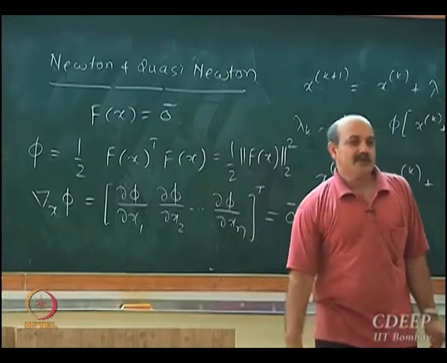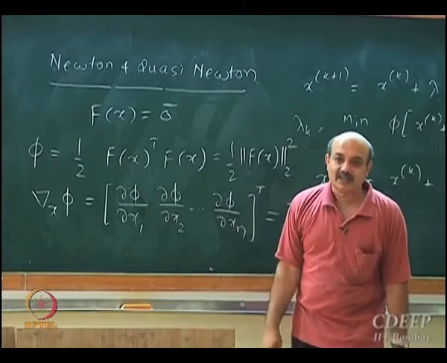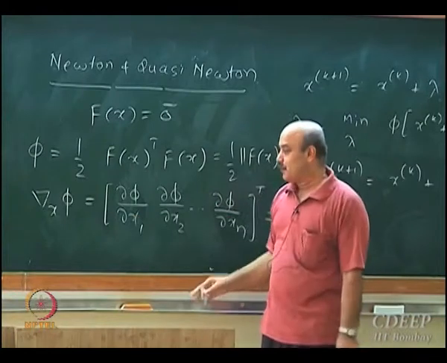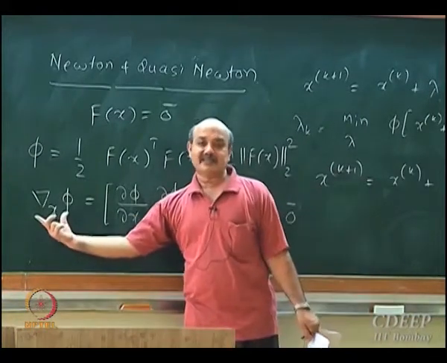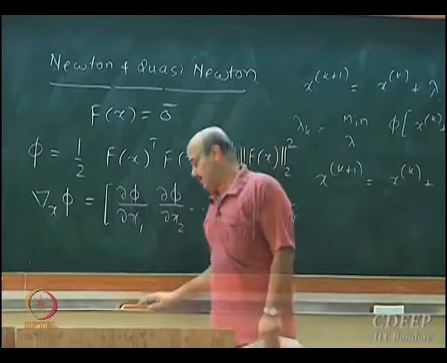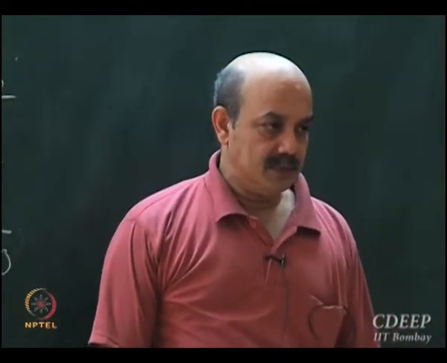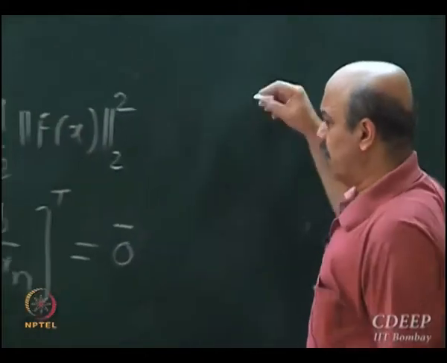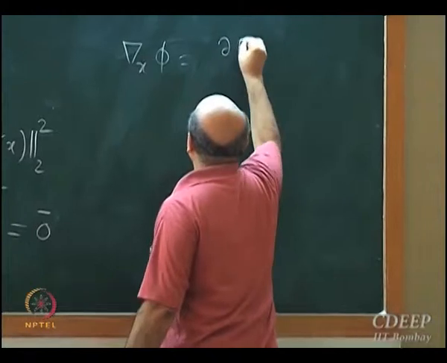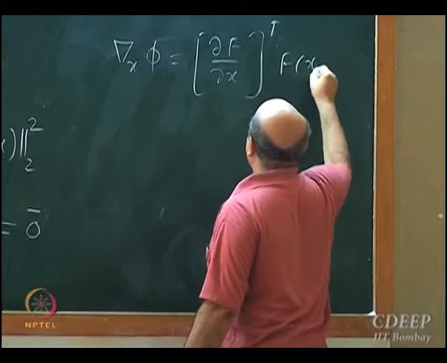What I decide to do is, instead of solving this equation exactly, I decide to solve this using Newton's step. So to use Newton's step, I am going to linearize this equation. Analytically, this grad x phi is dou f by dou x transpose f of x.